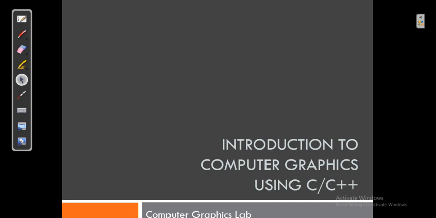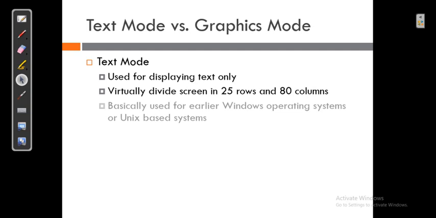In today's lecture we are talking about implementation of different graphical shapes in C++ using some inbuilt functions. So this is a little introduction about the text mode and graphics mode.